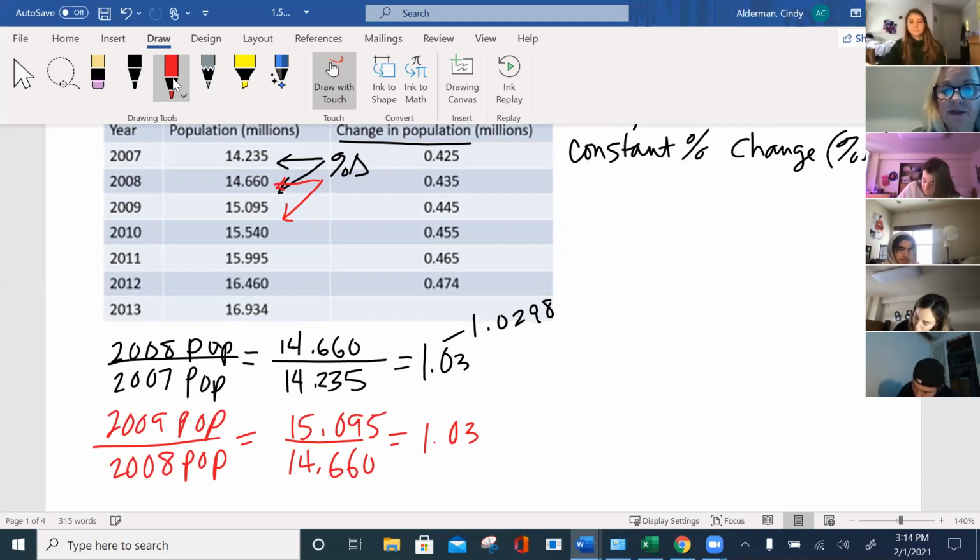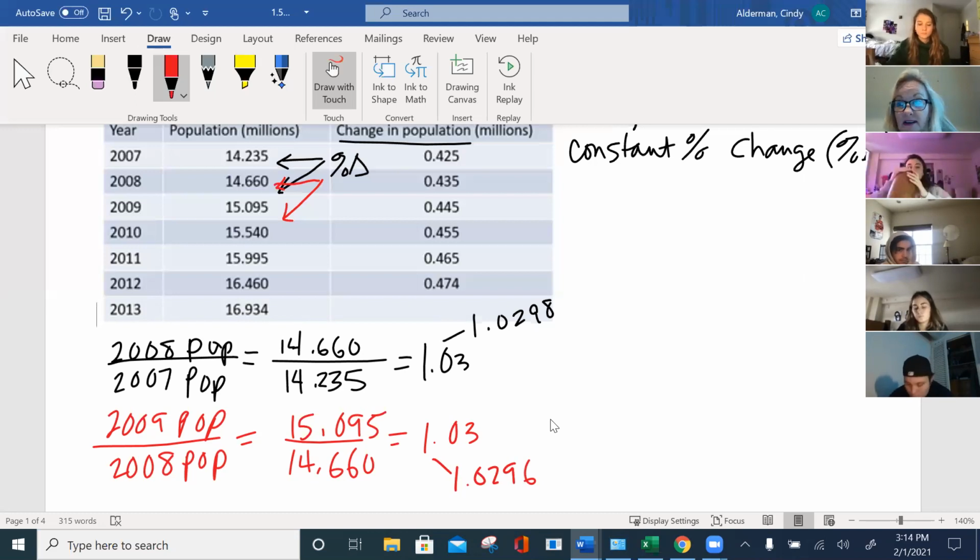Actually, you get 1.0296. So although these two numbers are not exactly the same, they're the same enough, right? When you round them both to the 100th place, they are the same, and it's the same enough to follow a particular pattern. So you can say, yeah, that's close enough to say this is exponential.